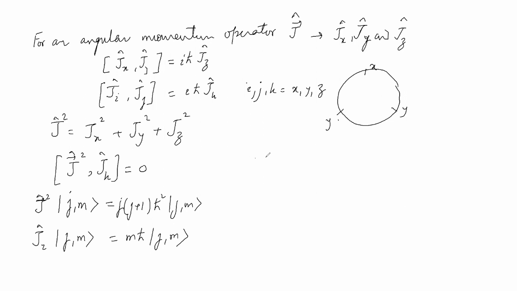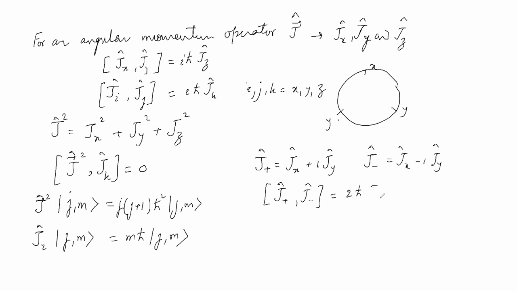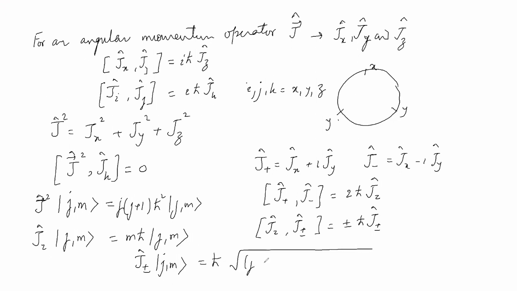Then we also introduced the raising and lowering operators: J plus as Jx plus iJy, and J minus as Jx minus iJy, such that [J+, J-] equals 2ħ Jz, and [Jz, J±] equals ±ħ J±. Finally, J± |j m> was equal to ħ times the square root factor times |j m±1>.